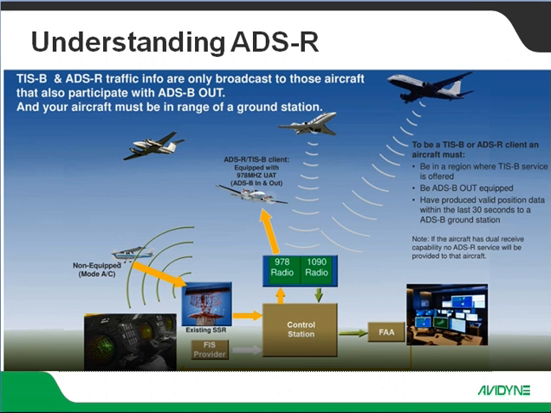The ground station will go ahead and send out the ADSR information, and all of a sudden my complete traffic picture comes to life. But it's not because everything in my airplane is perfect. It's because someone else triggered the ground station for the ADSR piece to come through.